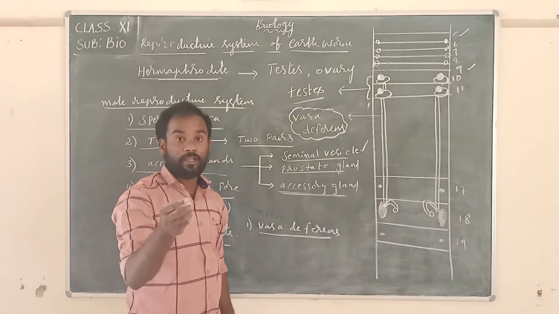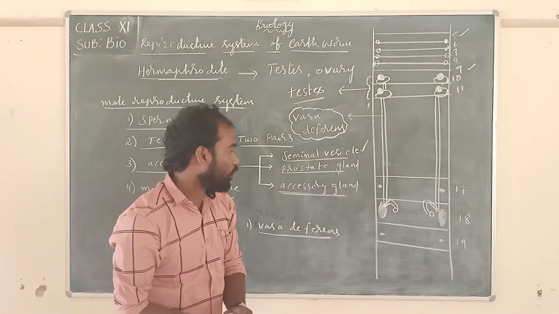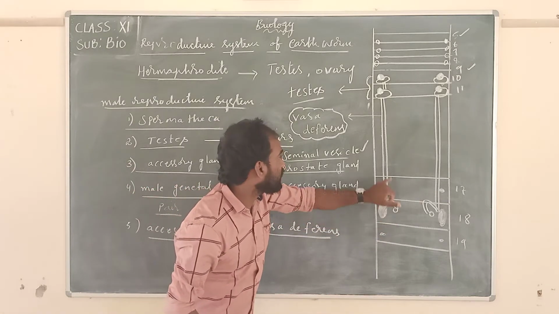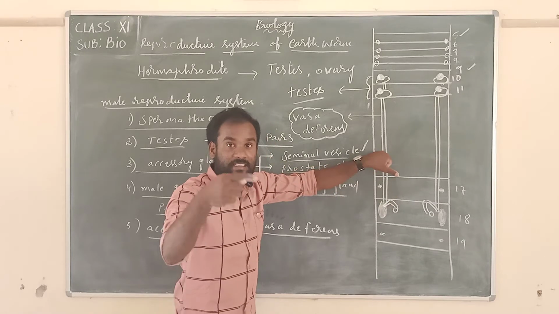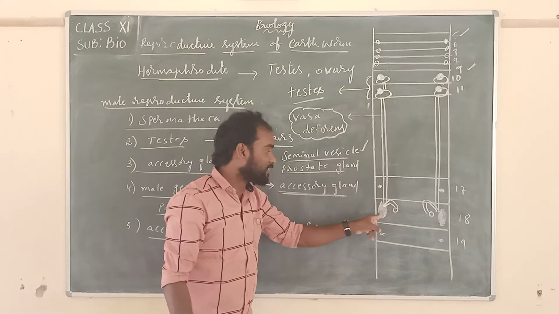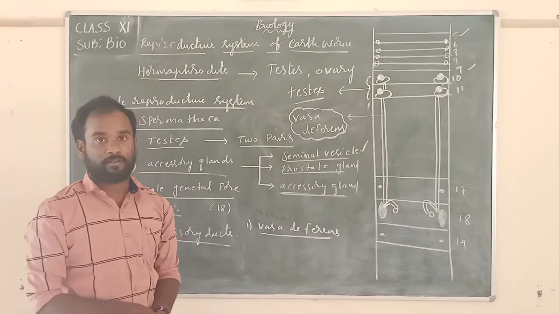Why did I say it is a common duct? Because this duct is connected to vasa deferens, and at the same time, it is connected to the prostate gland.